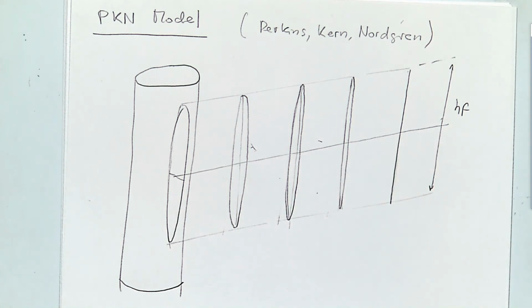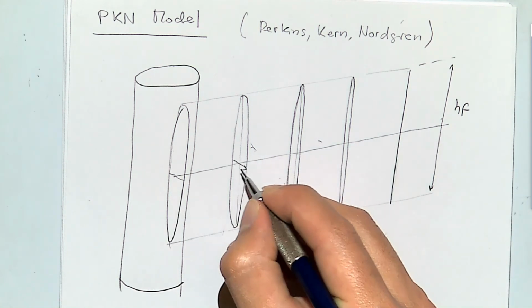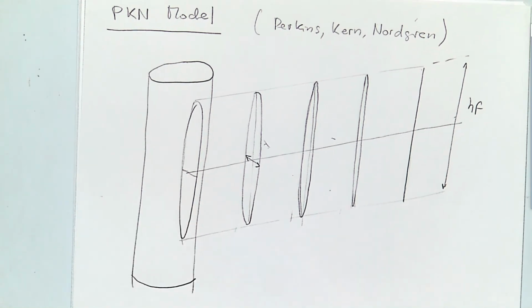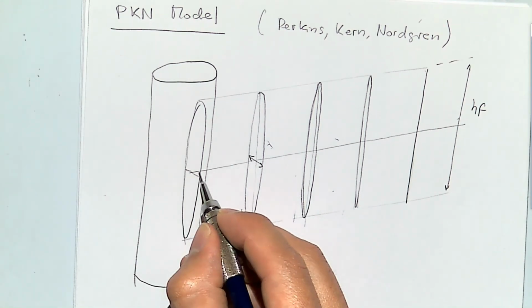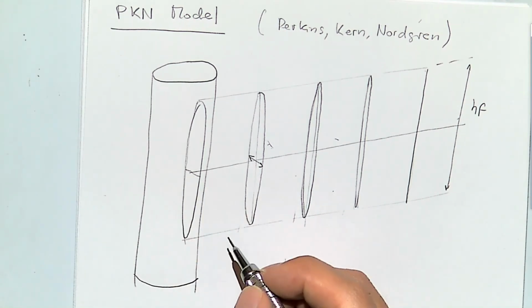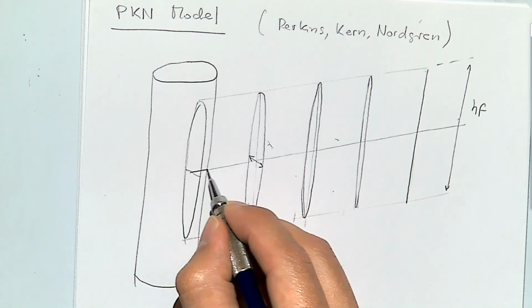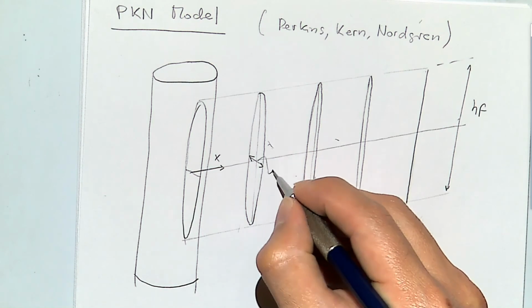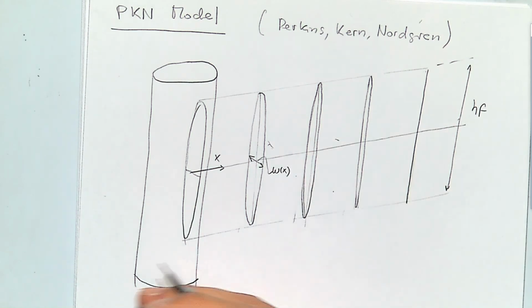you can compute what is the width of the fracture at any position in the coordinate x. So let's say x is going to start somewhere over here, and so therefore this is going to be the width at the position x, where the maximum width is going to be at the wellbore.